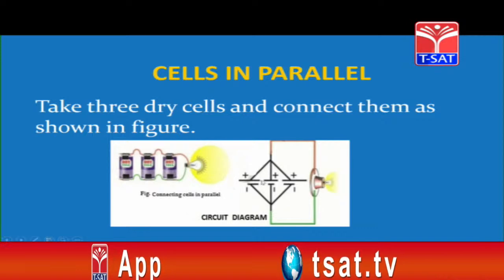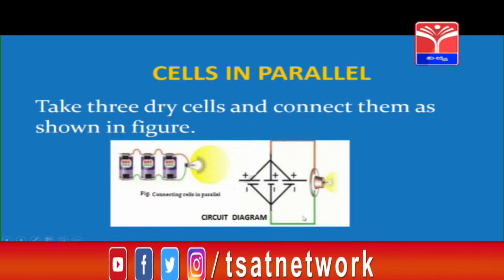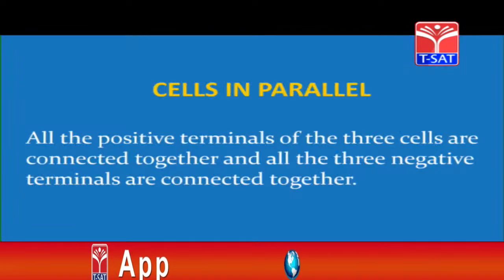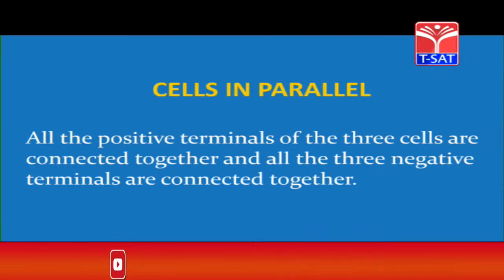Now this is the circuit diagram for that. All positive terminals are connected to one wire, all negative terminals are connected to another wire, that is connected to the bulb. Cells in parallel. All the positive terminals of the 3 cells are connected together and all the 3 negative terminals are connected together.